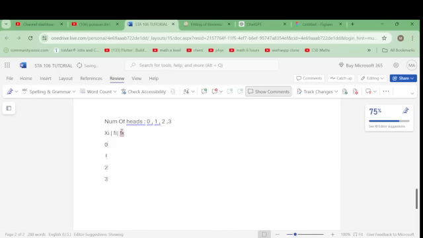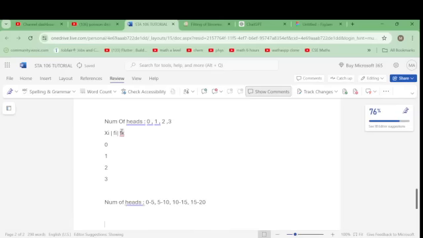But when we are given grouped data, they say 0 to 5 for the first one, 5 to 10 for the second one, then 10 to 15 for the third one, and 15 to 20 for the fourth one.